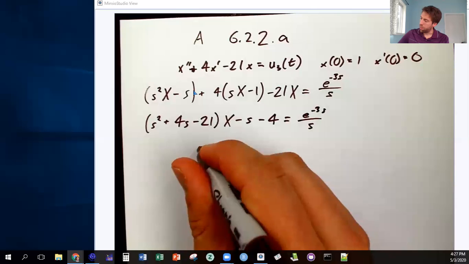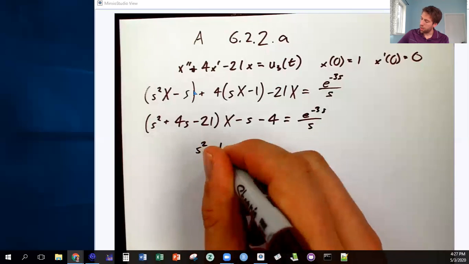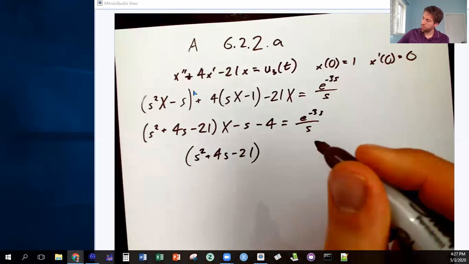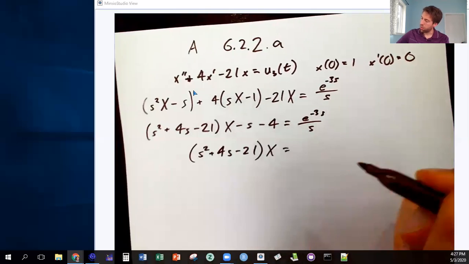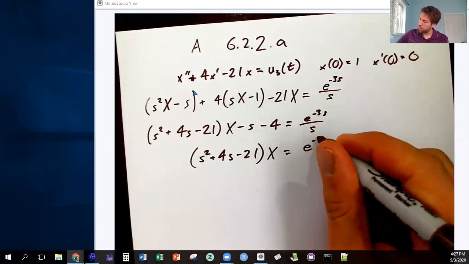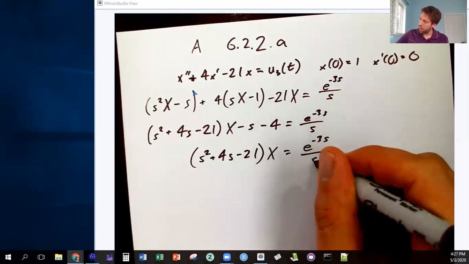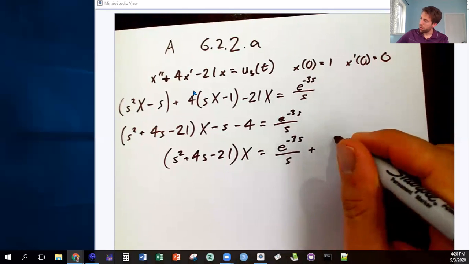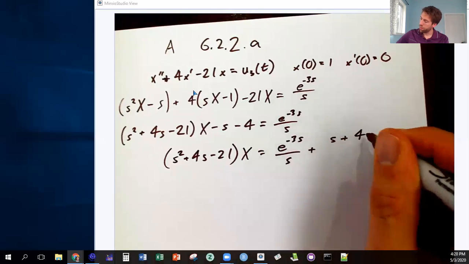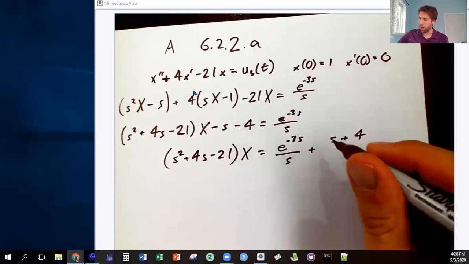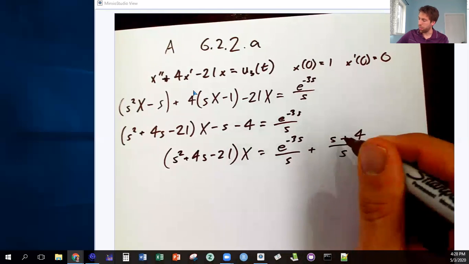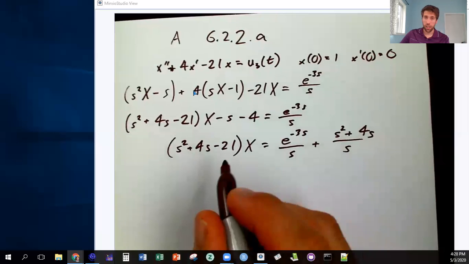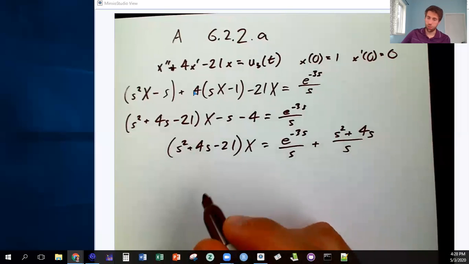So then s squared plus 4s minus 21 times x equals e to the negative 3s over s plus s plus 4. And then I'm going to find a common denominator, which is easier. So divide by s, then multiply by s. Okay. Then I can divide by this and divide by it in its factored form.